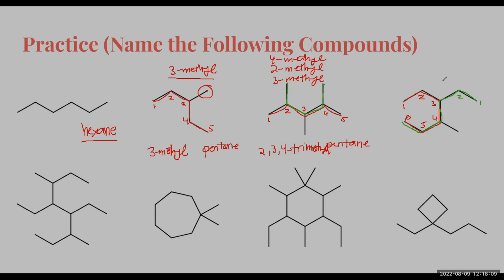So if we label these substituents, we have an ethyl group hanging off the 3. So I'm going to write 3-ethyl on top. We also have a methyl group hanging off the 4. And it's a 6-carbon chain, so I'm going to write hexane.